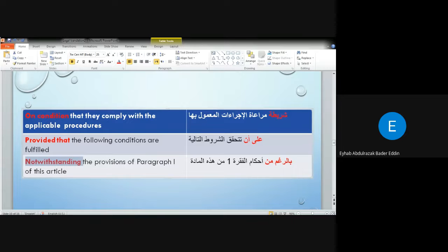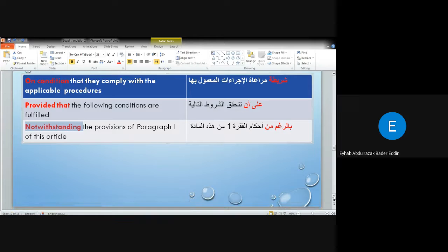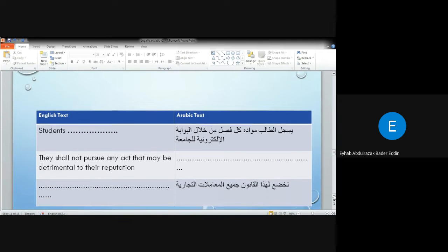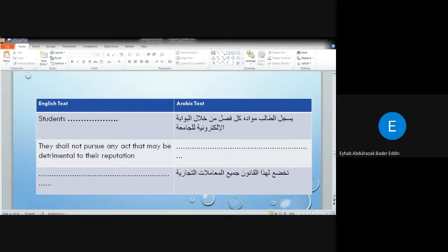Okay, right. If we move on, we have more practice. Yes, who would like to start translating? "يسجل الطالب مواده كل فصل من خلال البوابة الإلكترونية للجامعة".